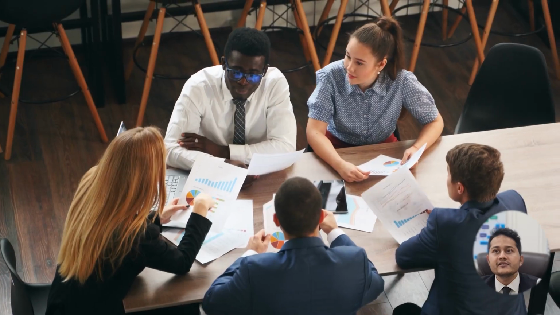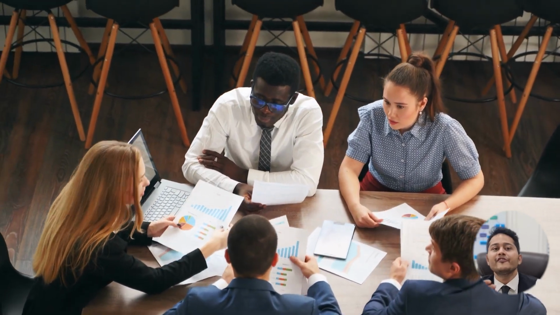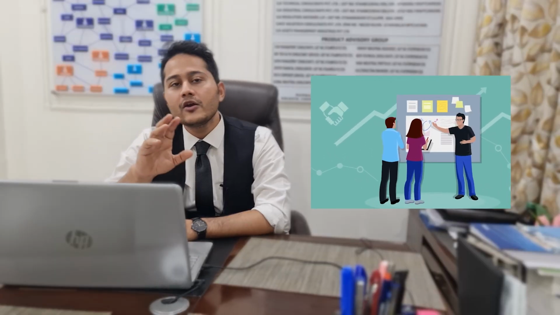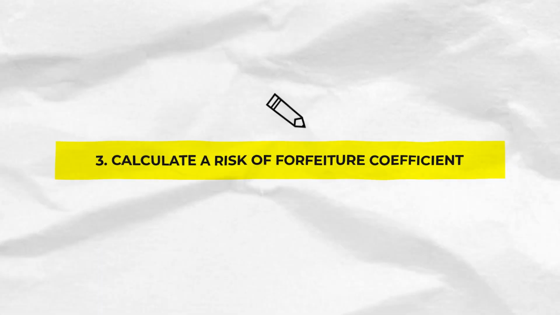So whenever there is financial stress, you will typically see that the company, which is the lessee in these cases, will start keeping certain months of rent in arrears, which will be equal to or near about the number of months security deposit which has been held. So this figure has to be calculated and can be obtained from the books of accounts. After that, number of months the other critical obligations like electricity, water, etc. are outstanding. And once you have all these figures, based on that you have to calculate a risk of forfeiture.